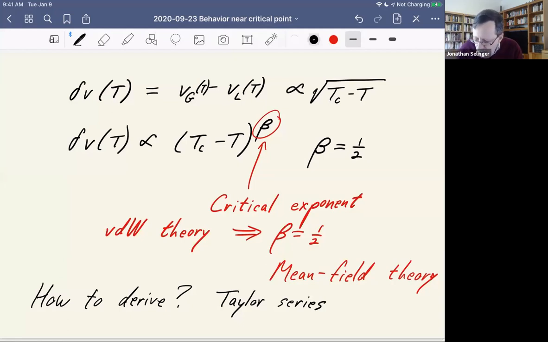So here it's a Taylor series about the critical point. We figured out exactly what the critical point is. Now we want to know what happens close to the critical point.